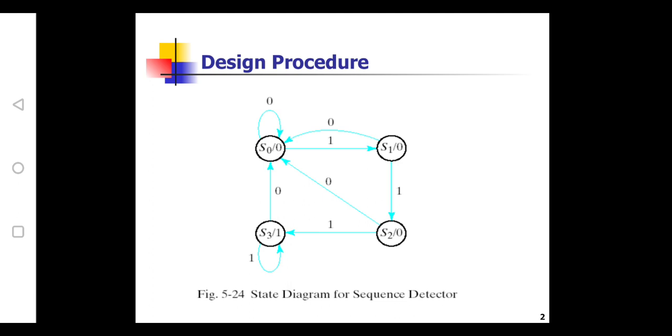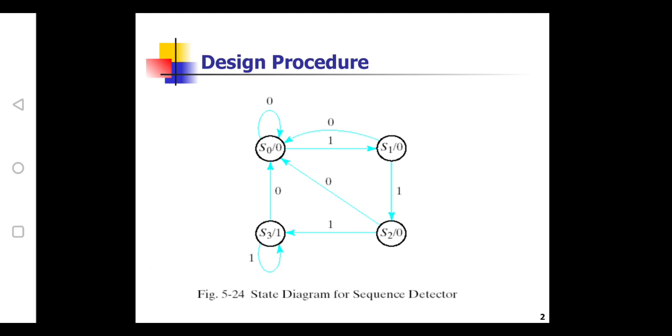So by observing this state diagram, we need to write the state table. Let us see how to write down that state table. I'll be telling for S0. If the present state is S0 and the input is 0, the next state is S0. If the present state is S0 and the input is 1, the next state is S1.